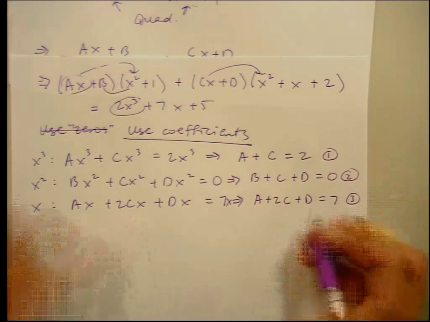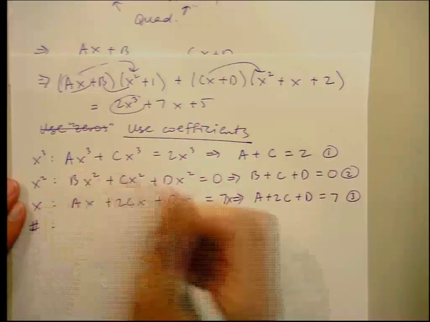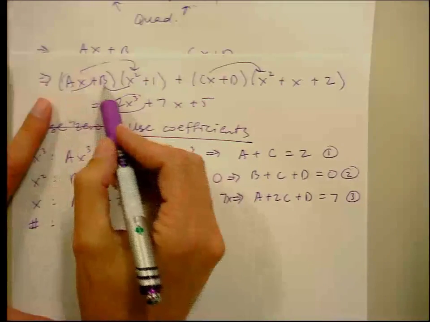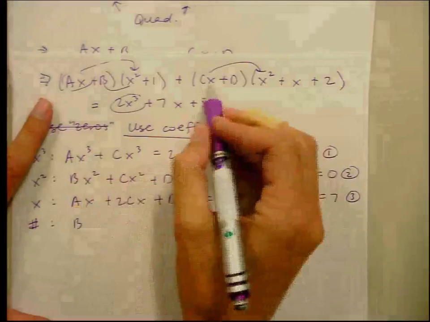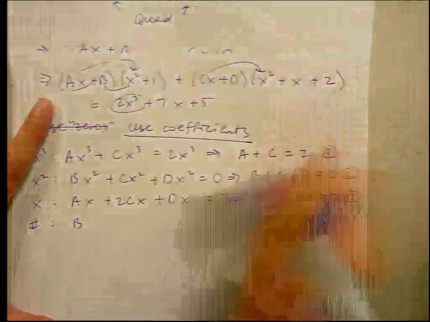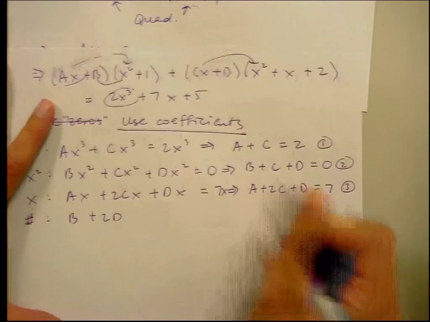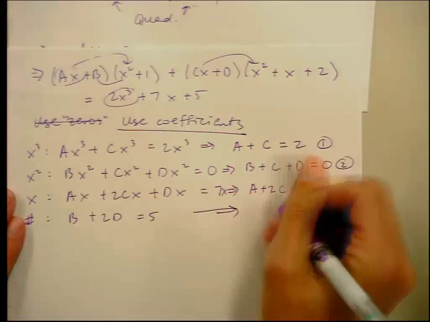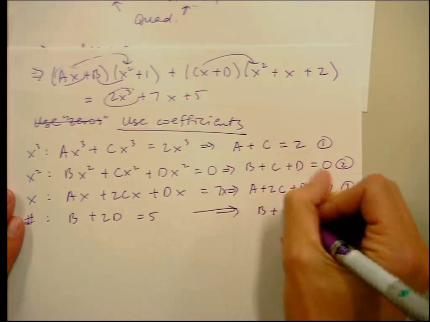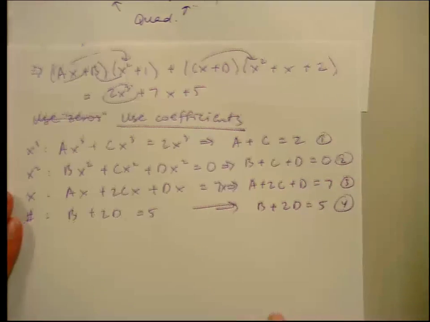I've got one more relationship to go because I haven't done my constants yet. Okay, constants. Ax is never going to give me a constant, but b will, so b times 1. Cx won't, but d will, 2 times d. Did I get them all? And then that's going to equal a 5. And so I'm just going to move this over. It's already done because there are no variables, only coefficients. But I'm going to write that down as relationship number 4.